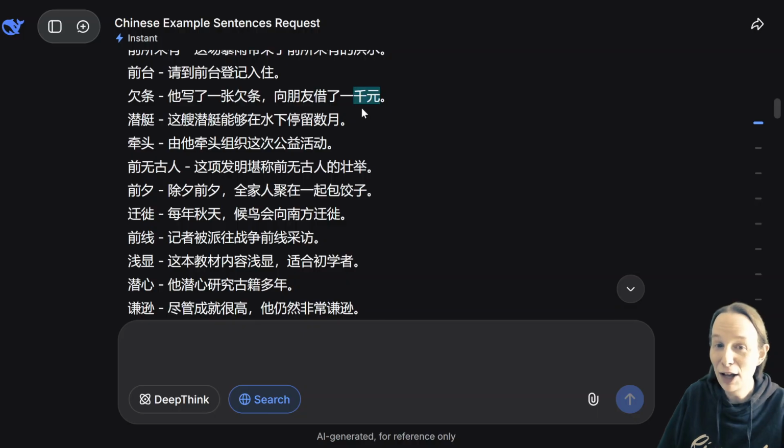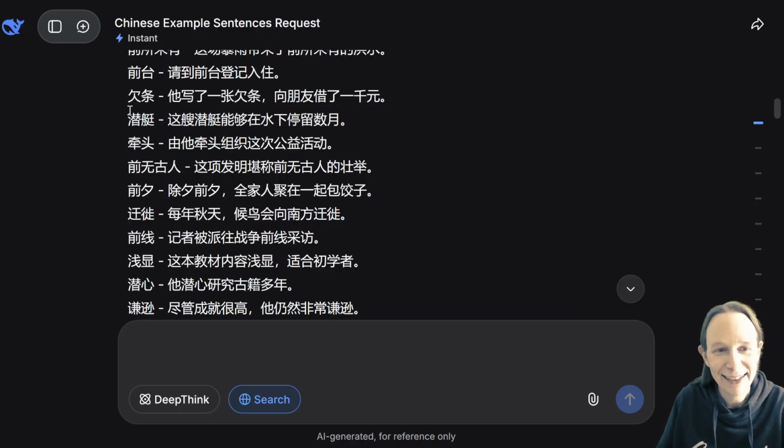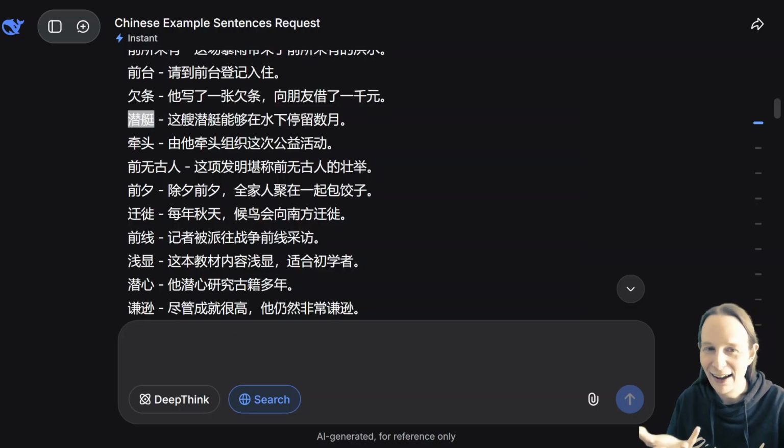Okay, $1,000 欠条 IOU. All right. Yeah, so IOU is I, first person pronoun, O, as in to owe money, and you, second person pronoun. Right?